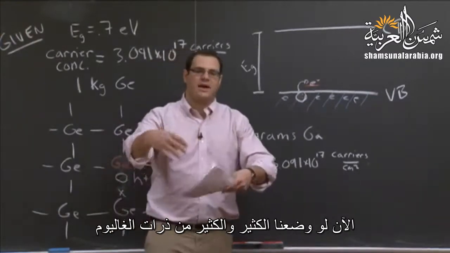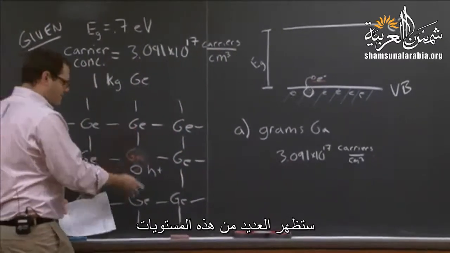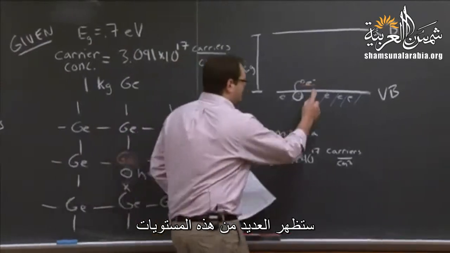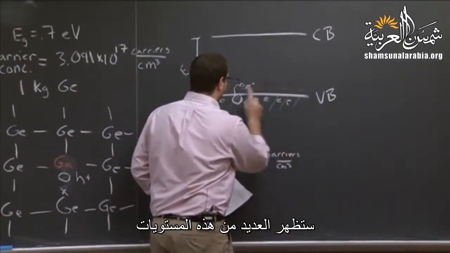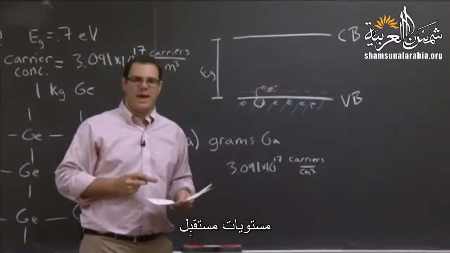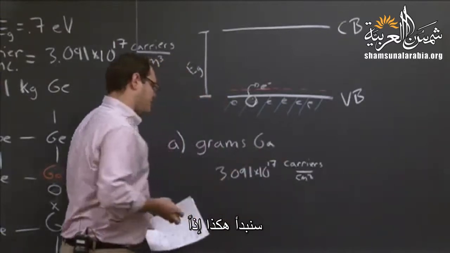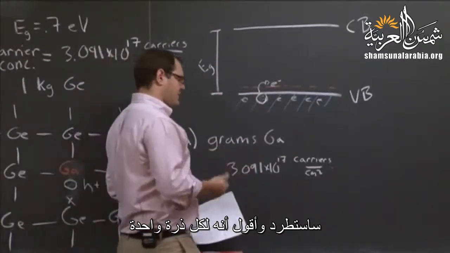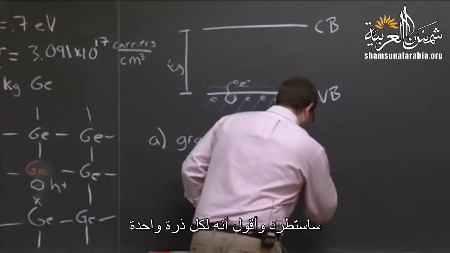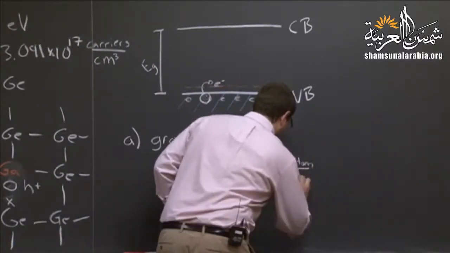Now, if we add lots and lots of gallium atoms, we're going to see many more of these levels showing up, and you get what looks like a very thin acceptor band there. I went into that digression because now I'm just going to say that for every atom we put in, we get one carrier.